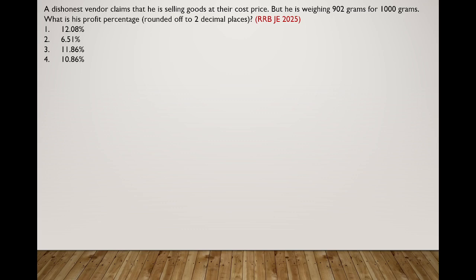So selling price divided by cost price: he is taking 1000 but giving how much? 902. For making the calculation easy, we can assume this is 900, so this would be 0.9.